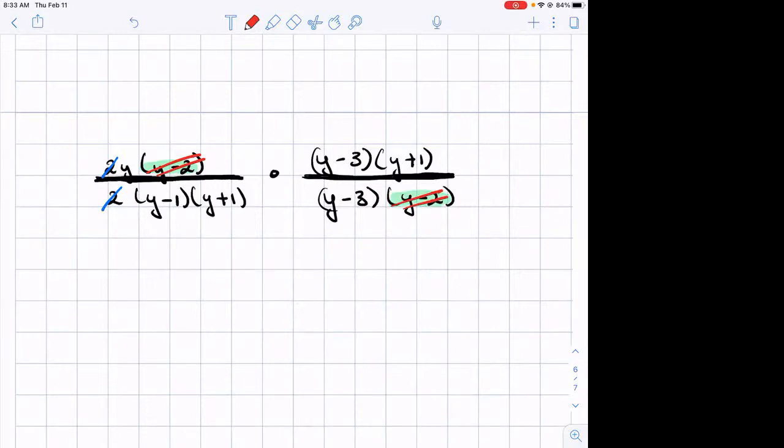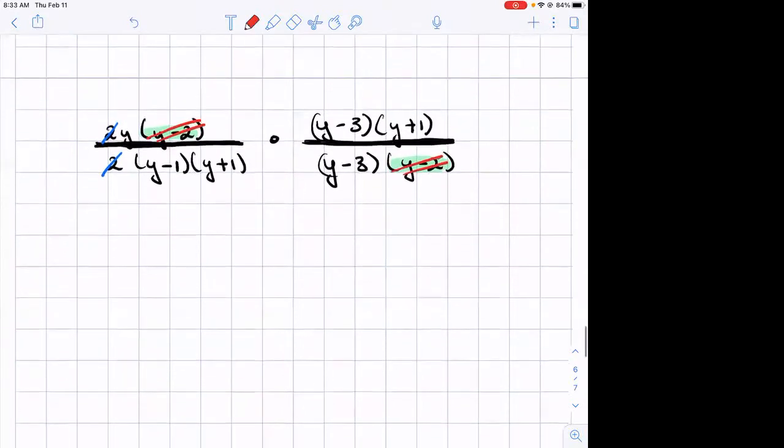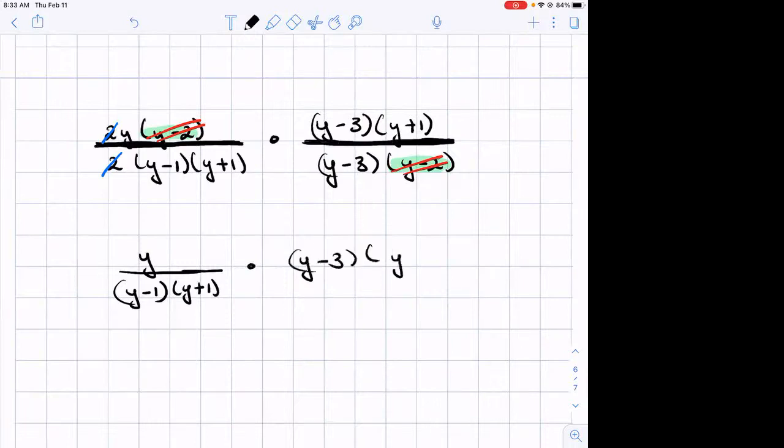I will rewrite this because it will start to look very confusing. So I have y left in the top here. In the bottom, I have y minus 1, y plus 1. You don't have to rewrite it, but I'm doing that because it will start looking confusing if I don't leave out some of the terms that I've canceled out.